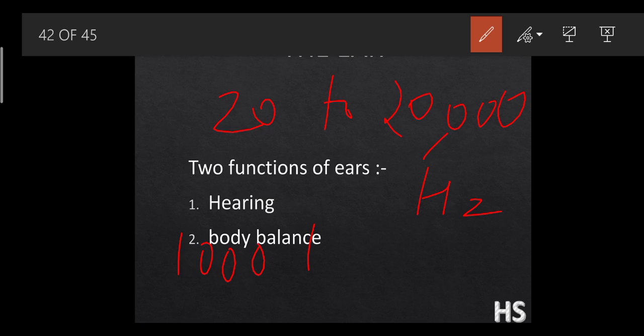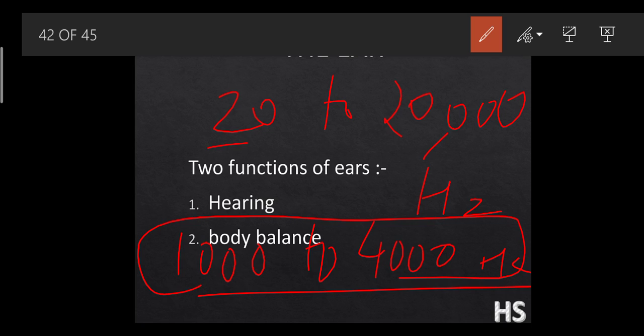Exactly, we hear between 1000 to 4000. This is the moderate range in which we can easily hear each and every sound. 20 would be too delicate, and 20,000 would be too much. But then too, it's just bookish knowledge, 20 to 20,000. It depends on the person. It depends on the organ of Corti for hearing.